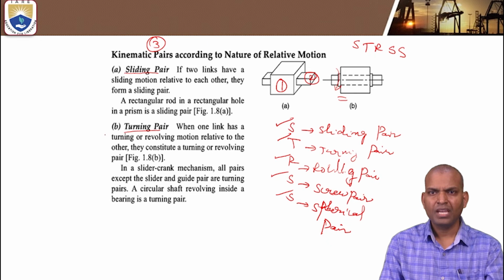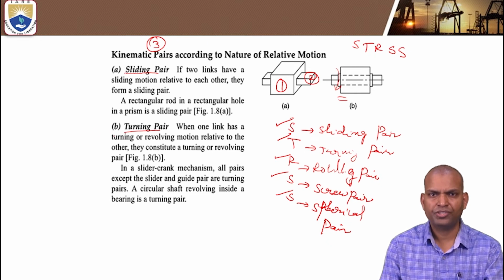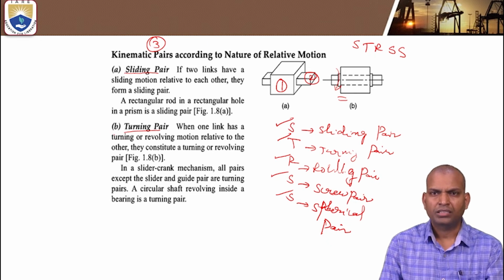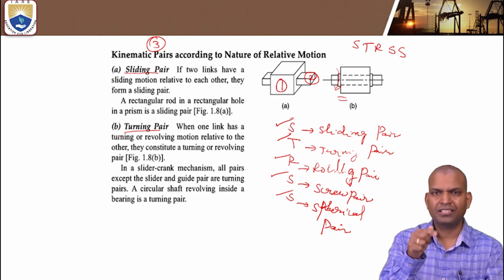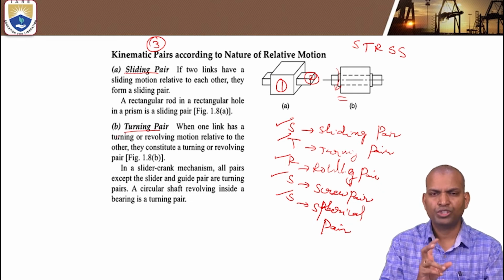Okay. Now second type of kinematic pair is a turning pair. The turning pair means what? The links, turning motion. What is the turning? Means revolving motion. That revolving motion having relative motion between them, then it is called a turning pair.